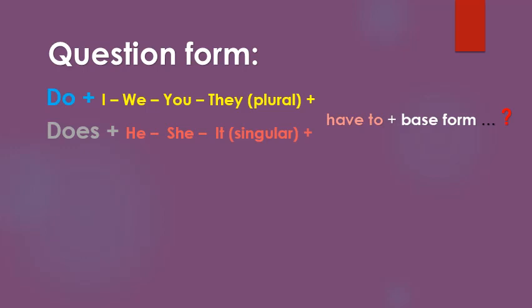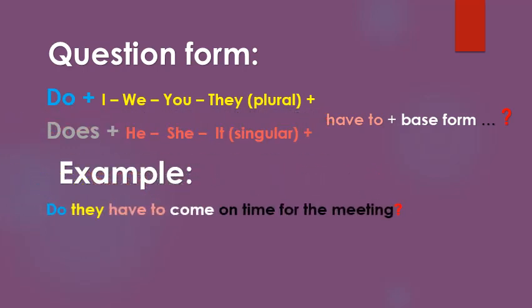Okay guys, so in the negative form and question form, just we add have to plus base form and the question mark وعلامة السؤال. So let's repeat it again. If we have the negative or question forms, we add have to. Let's take an example.